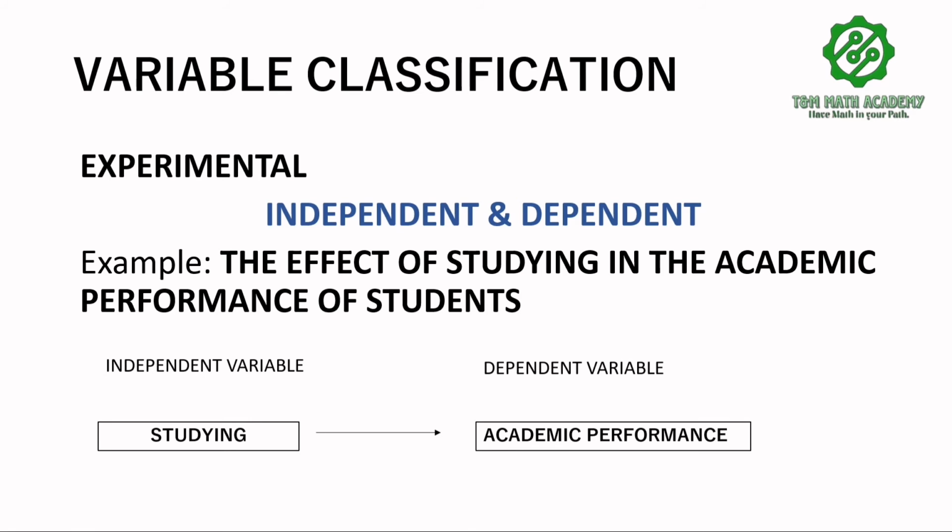So the more a student studies, of course, the higher grade yung makukuha niya. Mas magiging maganda yung academic performance niya. No? So that is the relationship between independent and dependent variable. Nakadepende yung magiging value ng dependent variable sa value ng independent variable. No? The more a student studies, the higher the academic performance. Okay?